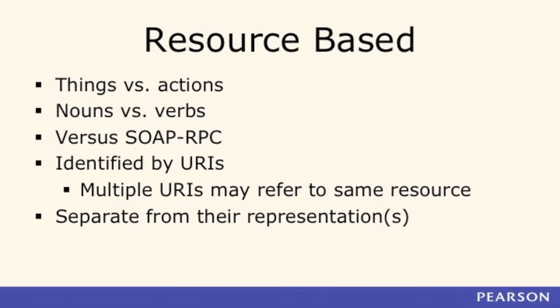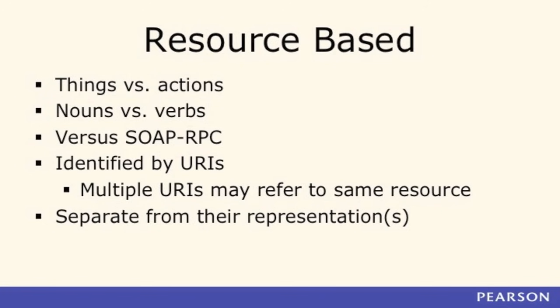It's important to note that multiple URIs can refer to the same resource. What I mean by that is you can have a URI referring to, say, a person resource, and we can perform multiple operations on that that correspond to the HTTP verbs.